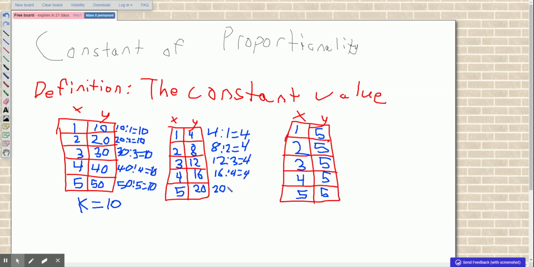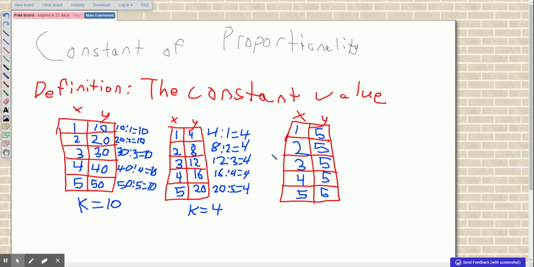And 20 to 5 would give me a rate of 4. So over here, each one of these has the exact same ratio. Each one of these ratios is 4. And so we would say this table has a constant of proportionality of 4.